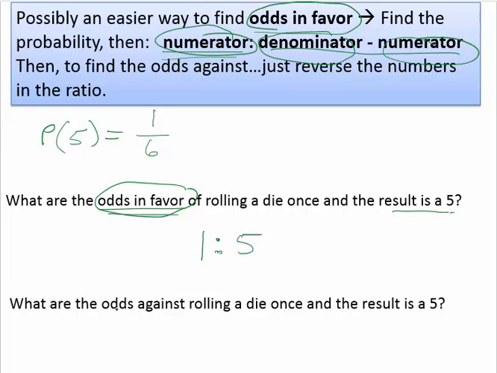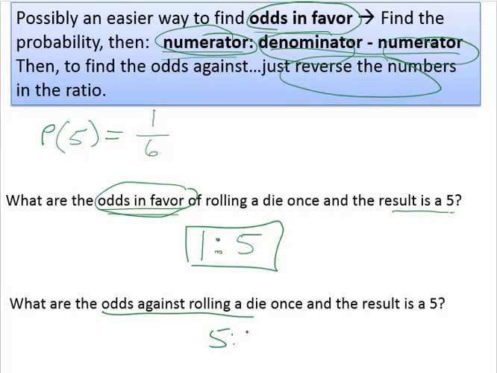So what are the odds against rolling a die and having the result be a 5? It's simply this in reverse order. Just reverse the numbers. So it's 5 to 1. So once you know the probability, once again to find the odds in favor, it's just the top number as a ratio to the bottom number minus the top number. That's where the 5 came from.